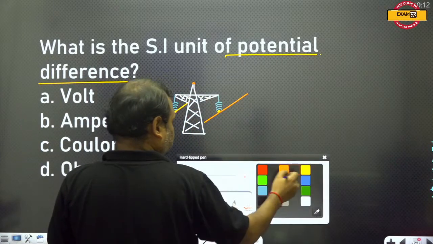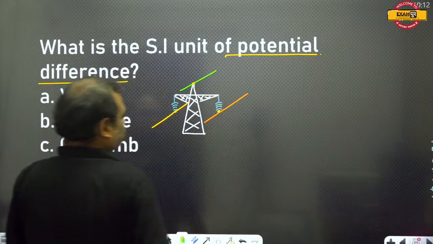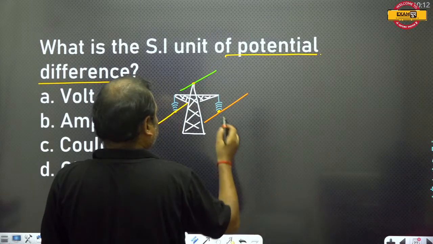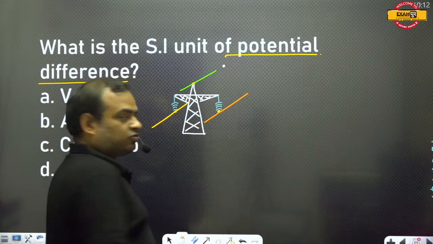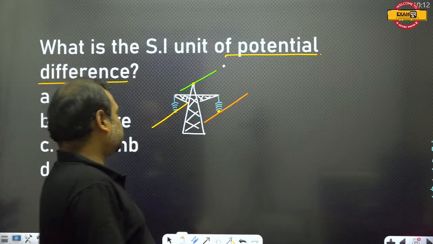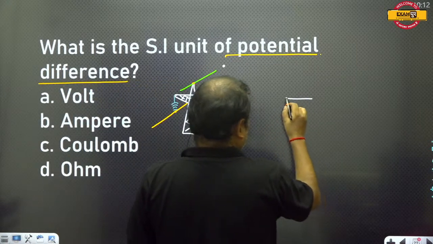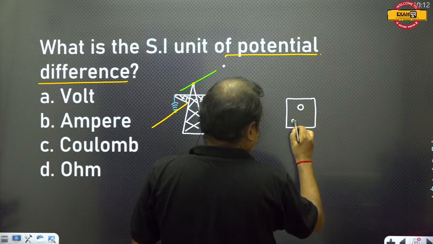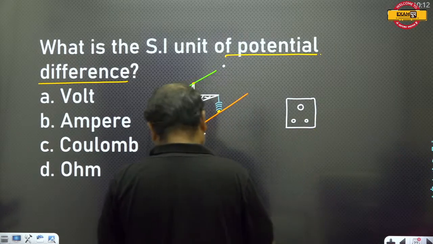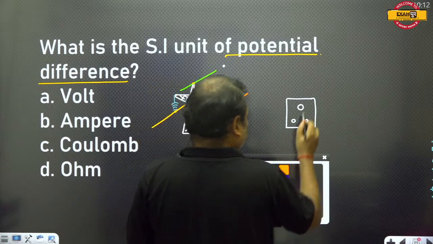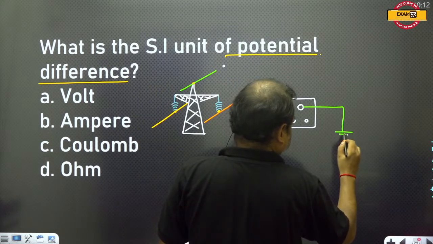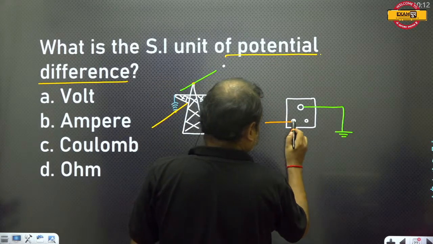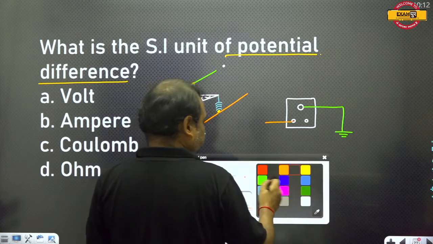This is a neutral wire. If we talk about any two conductors, in our homes we generally use a 2-wire power system. This is a ground wire and this is a live wire, this is the neutral. This is connected to the ground, and this is used as a live wire.